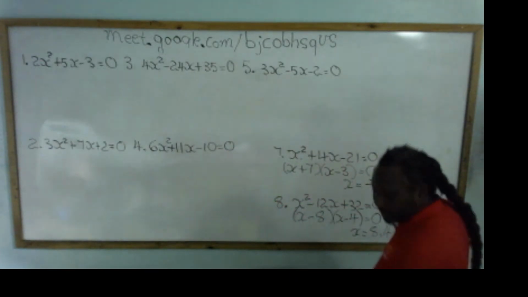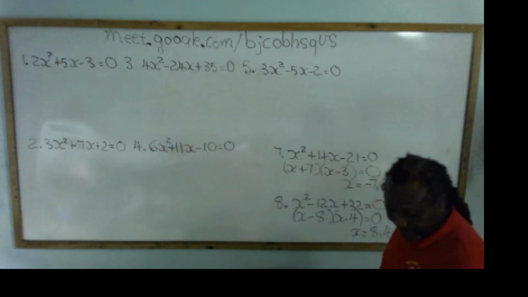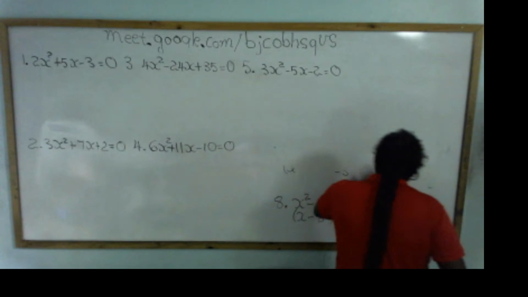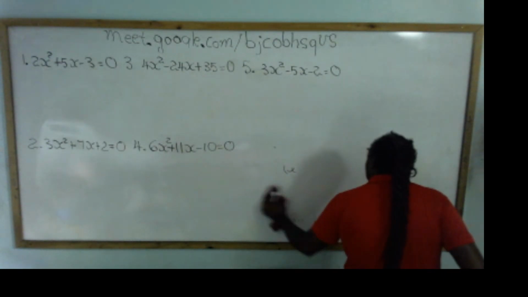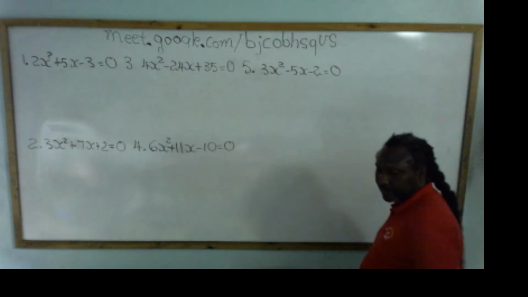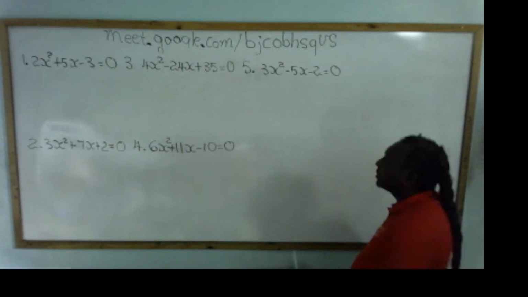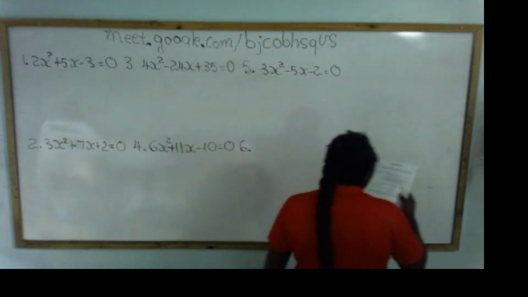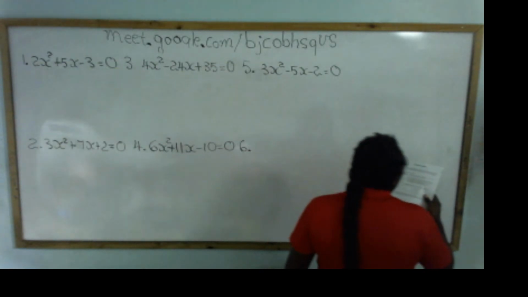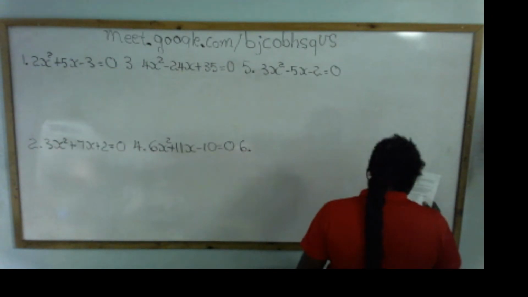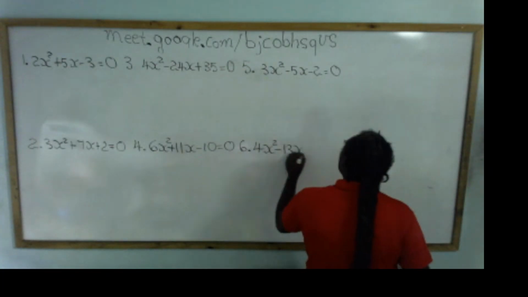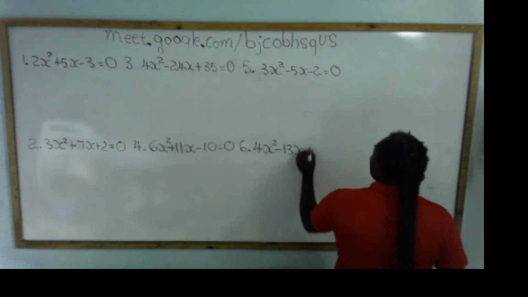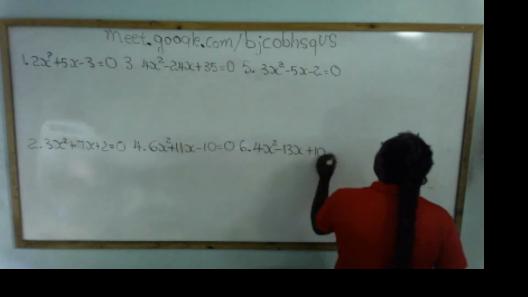And then number 6: 4x squared minus 13x plus 10 is equal to 0.